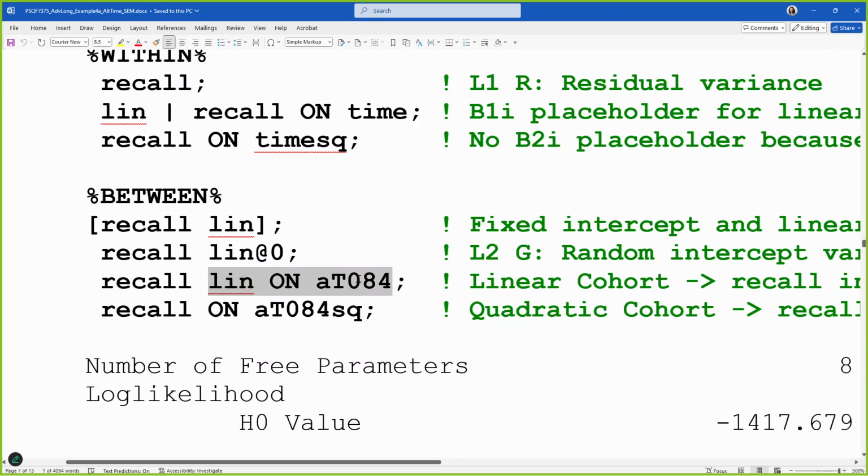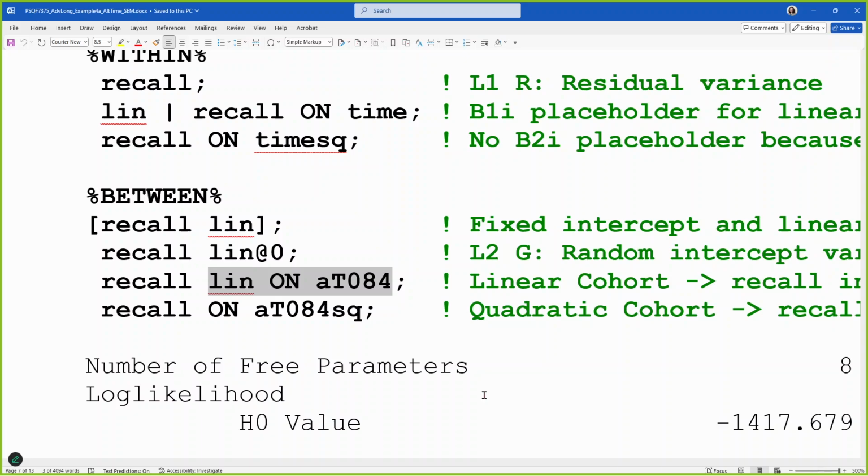This inside part, what would I have called that last week or last semester? Interaction. It's an interaction, but what kind? Is that cross level?